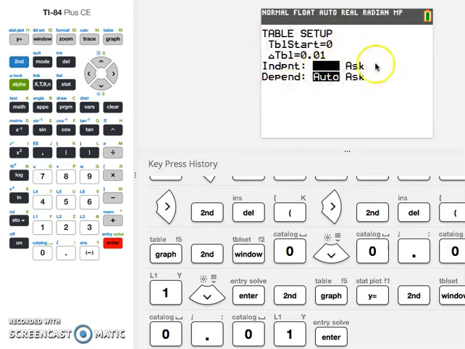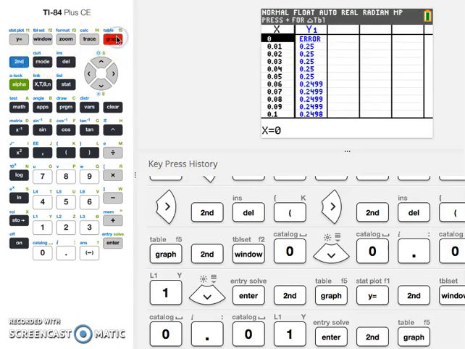So now that we know what we want our table to do, we're going to go and look at the table. Remember, the table is a second level function above the graph key. So we're going to go second level graph, and it makes a table for us. Don't worry about that x equals 0. But as you can see, it's increasing our x values by 0.01.